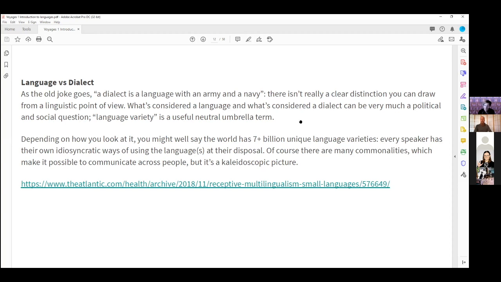So we have idiosyncratic ways of using the languages. And we have vocabs and usages, phrases, different ways of communicating with different people in different groups. So thinking about multilingualism is something that I think is critical for this particular course.